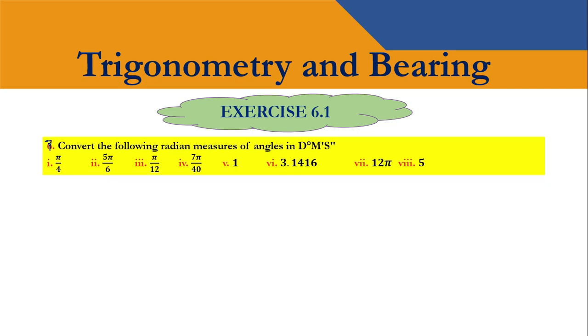This is our question number 7, and in this question we have to convert the radian measures of angles into degrees, minutes and seconds. So here all the angles are in radians, in the circular system. The circular system angles should be converted into the English system. The English system is the sexagesimal system.